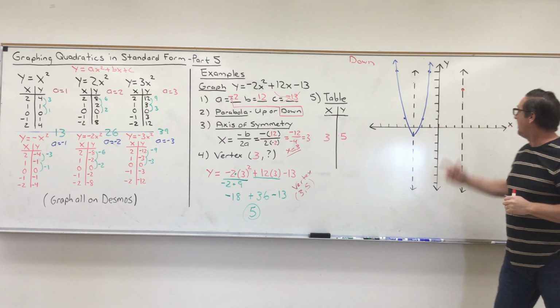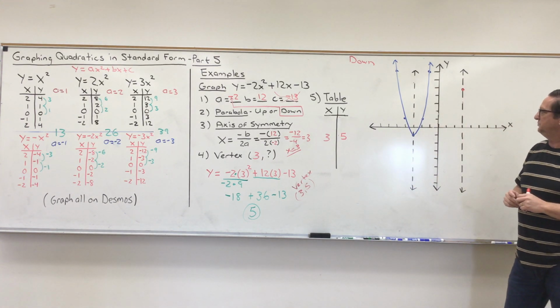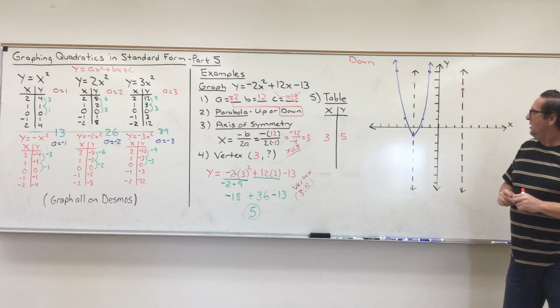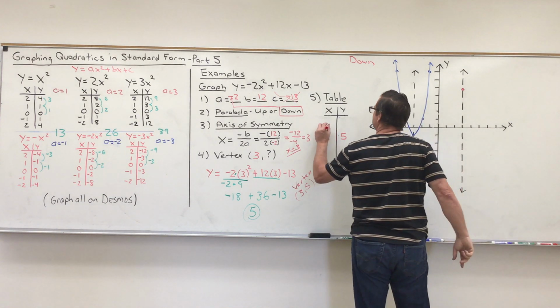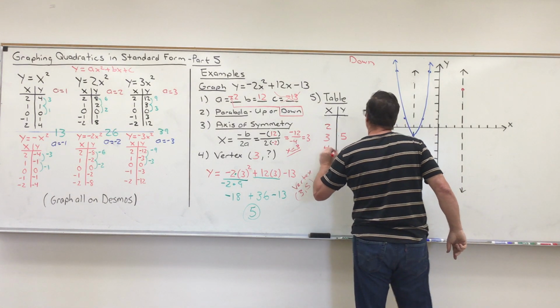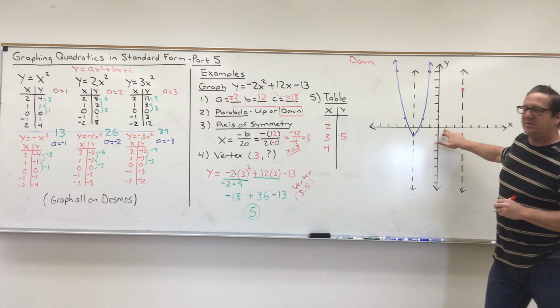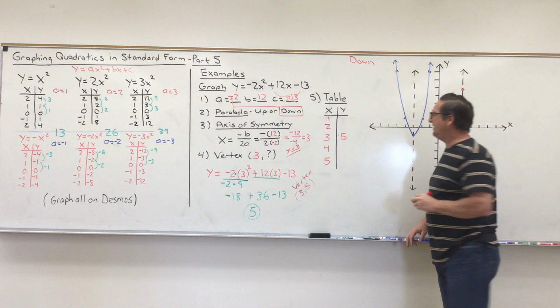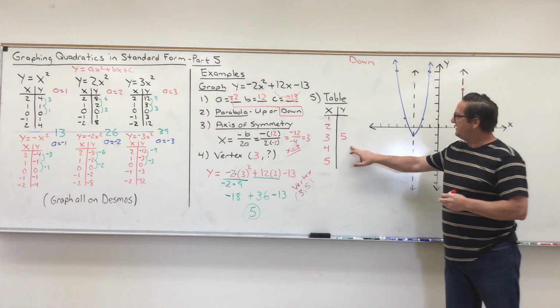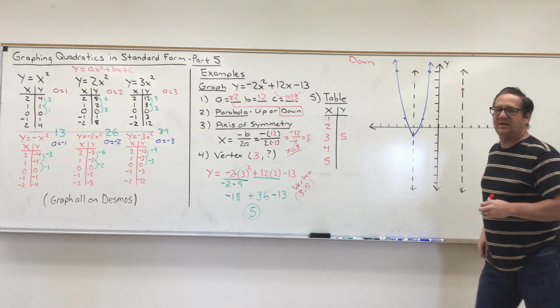And I can mark it on my graph. Okay, to the left is 2, to the right is 4. Going one more step, we have 1 and 5. And we know these have the same answers, and this has the same answer.